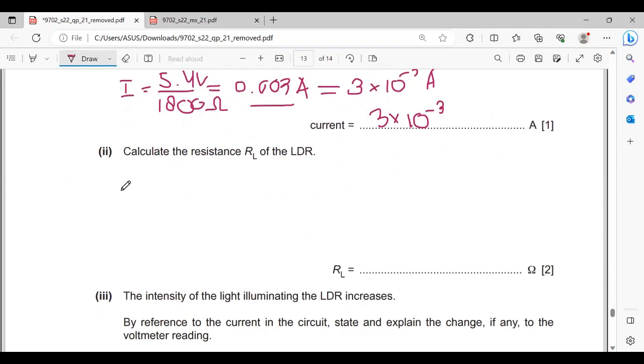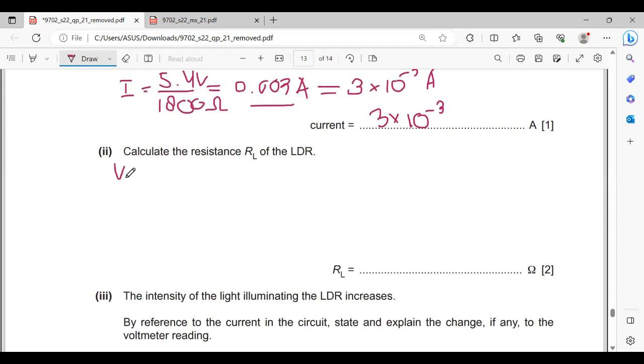The potential difference, firstly, we are going to find the resistance. Okay, we're going to find the potential difference first of the LDR.